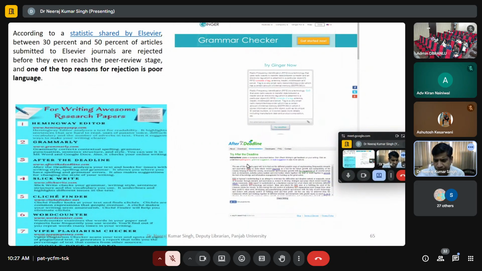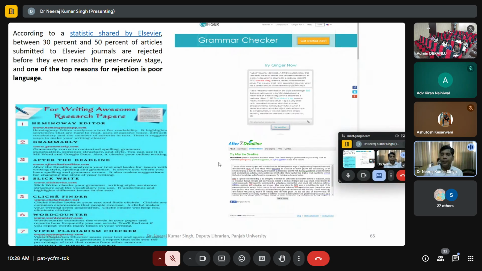And never ever try to upload your paper there. You can copy one paragraph, use the web version, and whatever suggestion it is giving you, either you accept it or make some changes, and then you can use the same thing in your final paper. But you should be very careful, because sometimes when you are using these tools, they change the meaning of your complete paragraph.